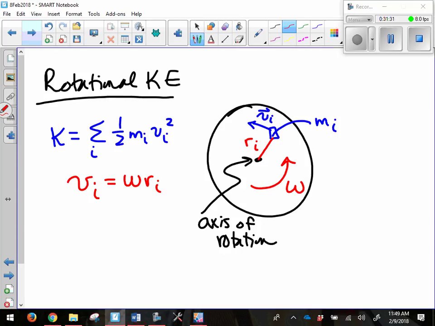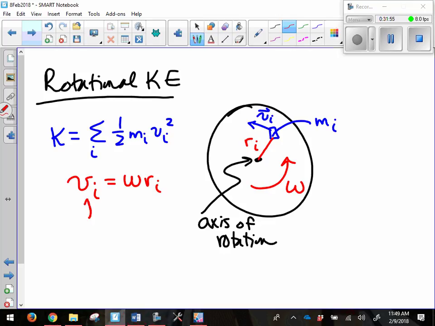Radians per second. And what are the units of r going to be? Distance. Meters. And what do I need the units of v to be? Meters per second.